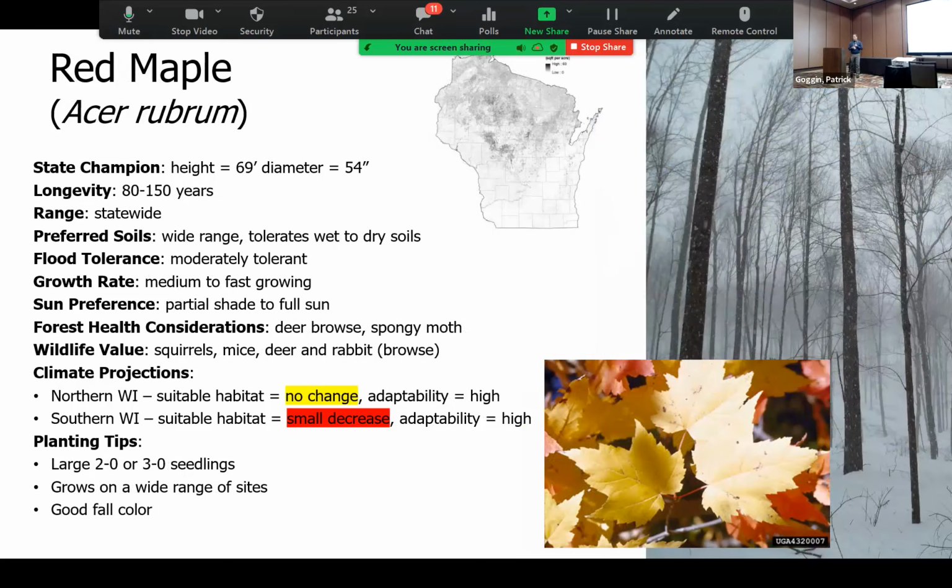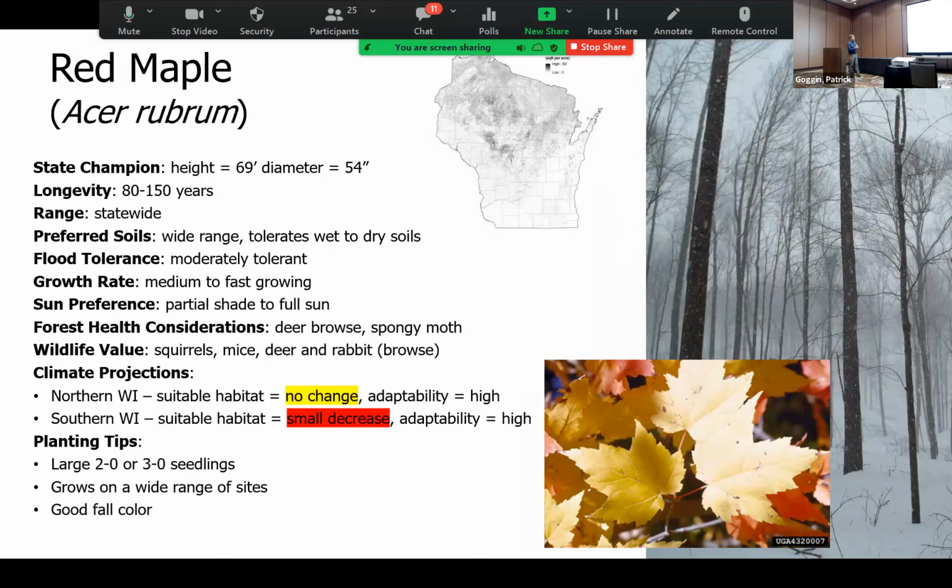Another wet forest species, and this one, if there's any foresters in the room, might raise an eyebrow, red maple, because oftentimes foresters might see this as a bit of a weed species because it comes into areas where we might be trying to manage for other species, for instance, oak, and it is a strong competitor. But that's what also makes it a really good tree in the right place to plant and grow.